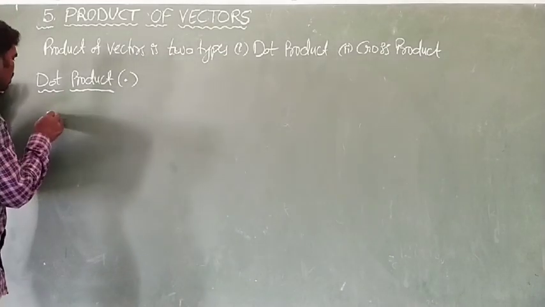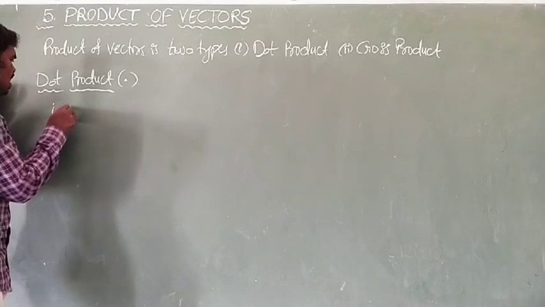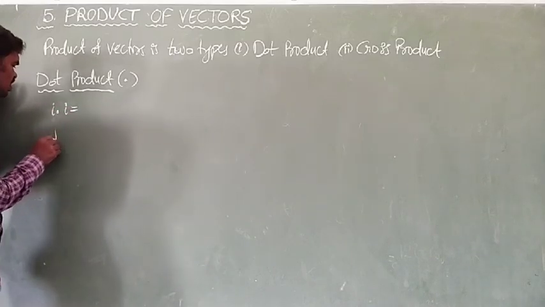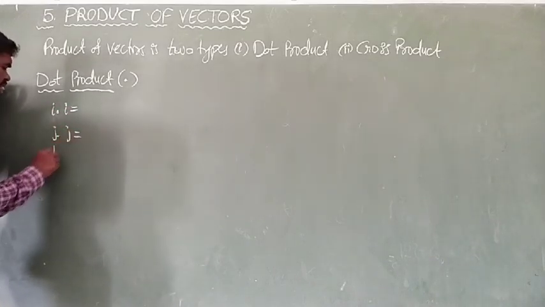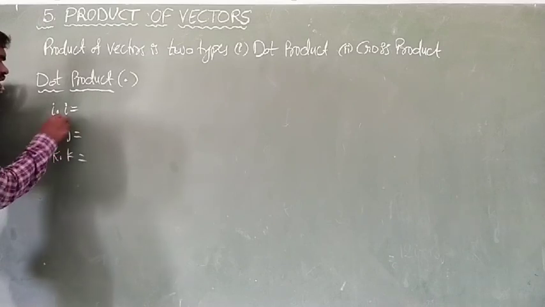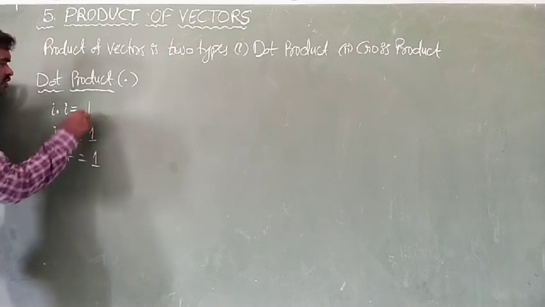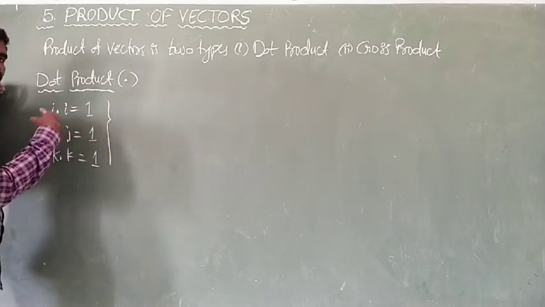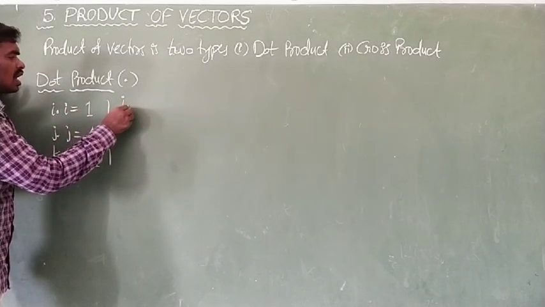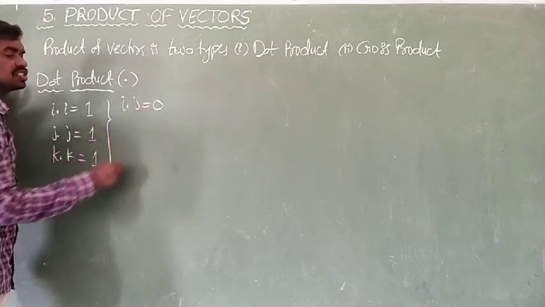In this product, suppose i dot i value is what, j dot j value is what, and k dot k means what. i dot i is 1, j dot j is also 1, k dot k is also 1. Other than these same terms, i dot j, different terms, value is 0.